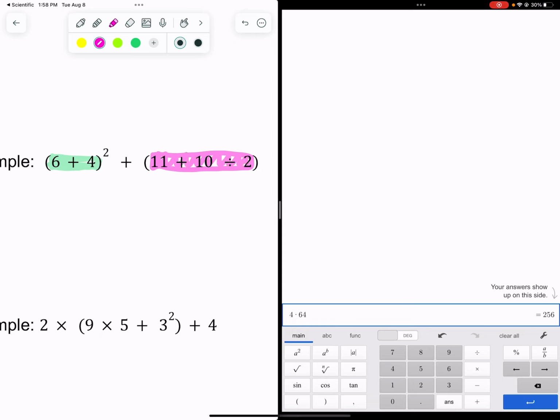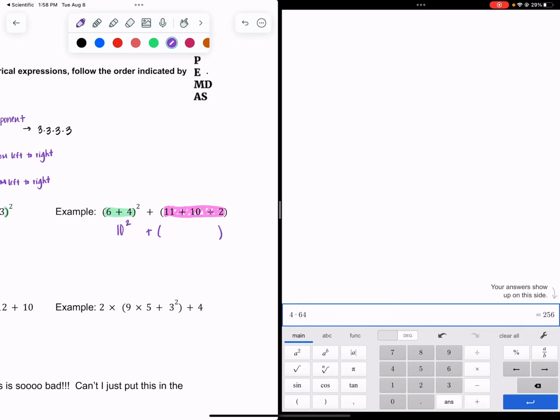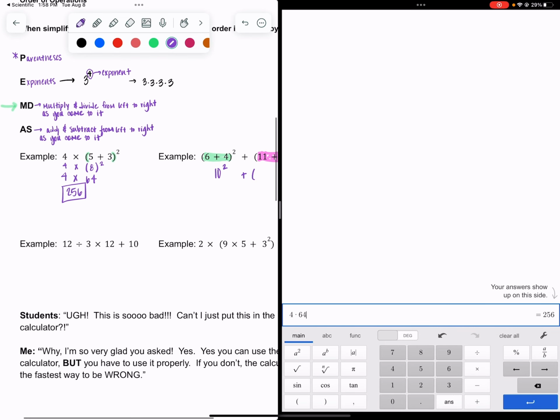We're going to do them in the order we get to them. So for this first set, I know that 6 plus 4 is 10. Then I'm going to simplify the other set. 11 plus 10 divided by 2. Since there are multiple operations in there, I am going to refer back to my list.